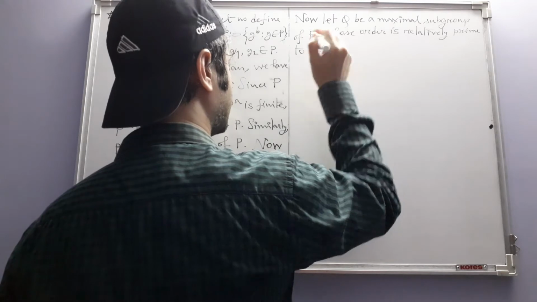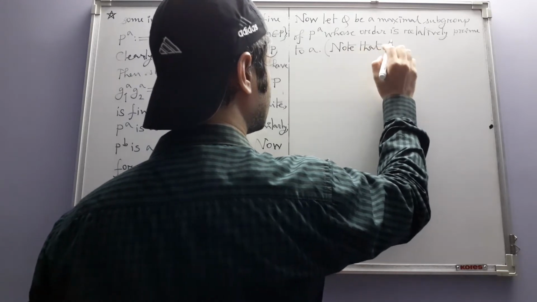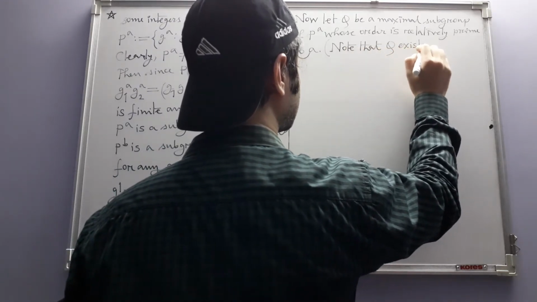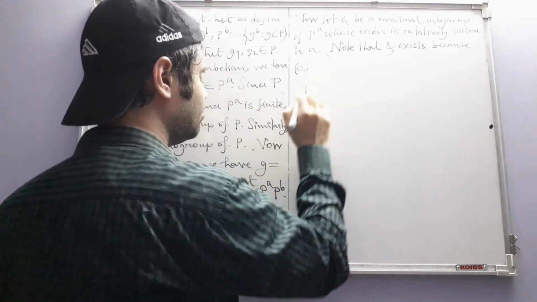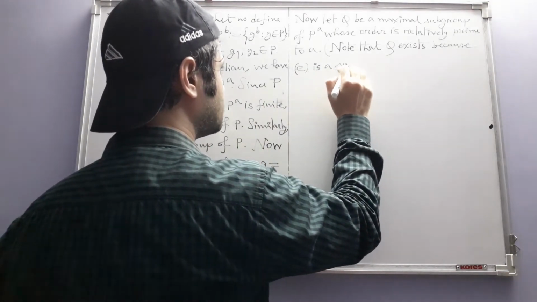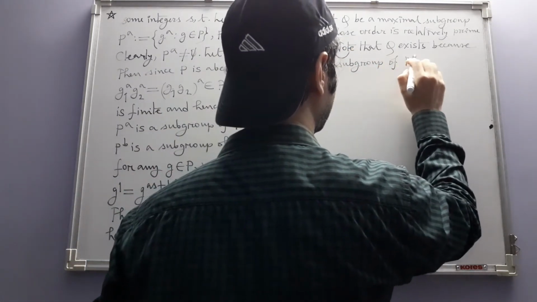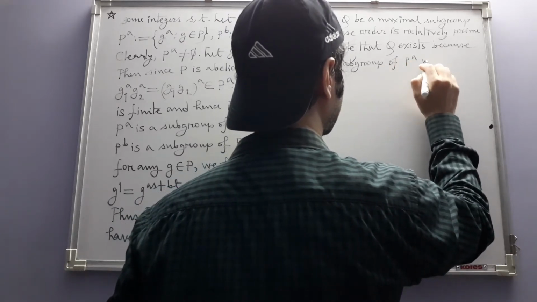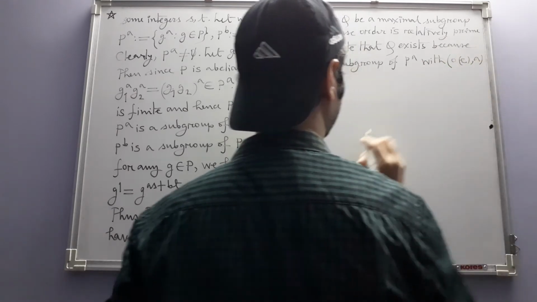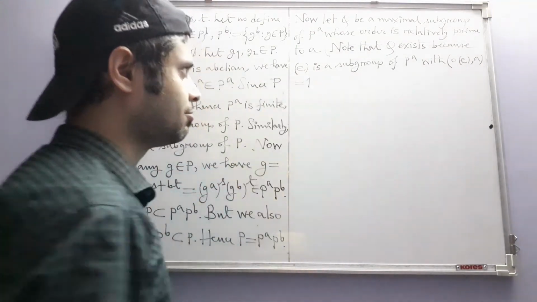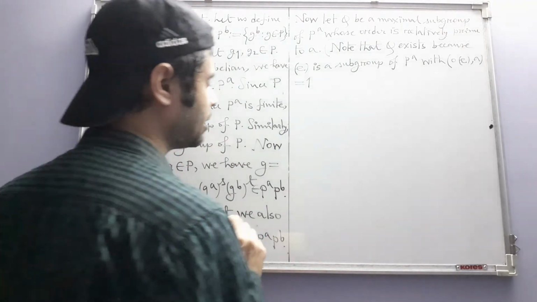Or we can write here. Note that Q exists because this trivial subgroup is a subgroup of PA with order of this subgroup and A relatively prime, because its order is 1, which is relatively prime to A, the GCD is 1.